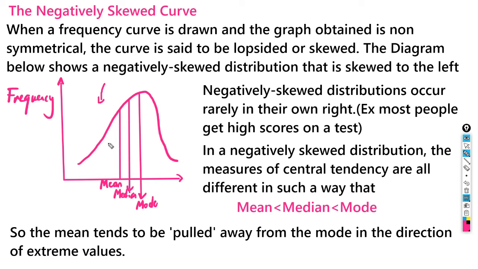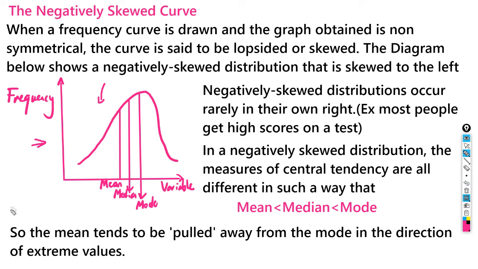As you can see from this diagram, this is a negatively skewed curve. The mean is less than the median, which is less than the mode. Down here we should have the variable on the x-axis, right? And right here should be lopsided. It really should look like this, guys, in a way, but that looks kind of bell-shaped.